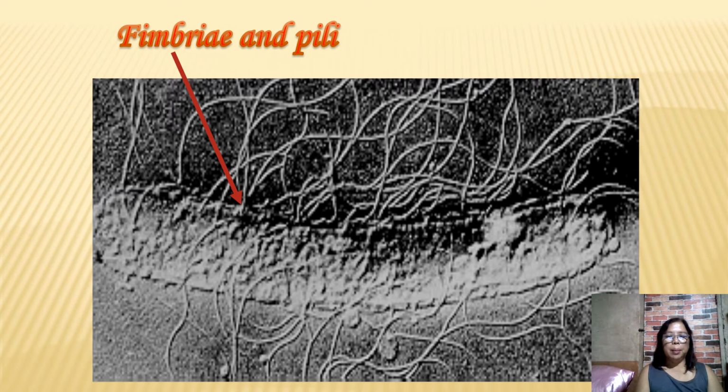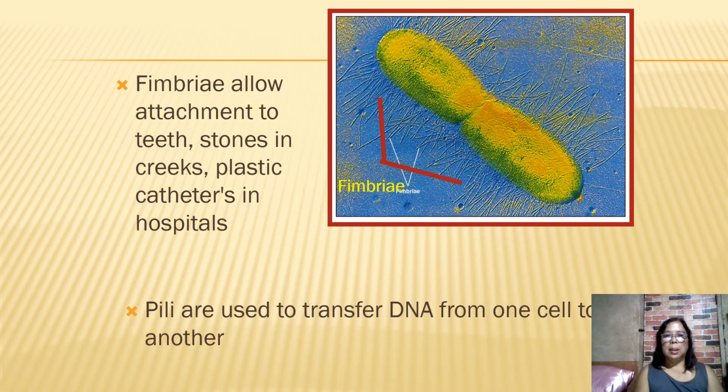And then you have also another part, the outer part of the bacterial cell. You have the fimbriae or the pili. They are hair-like structures. The fimbriae allows attachment to teeth, stones in creek, plastic in catheters, hospital. So you could just simply try to imagine your own teeth could possibly have a microorganism that has this structure.